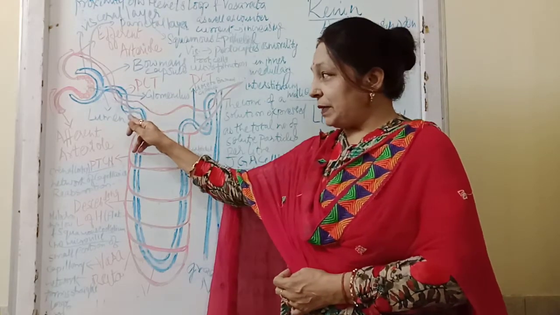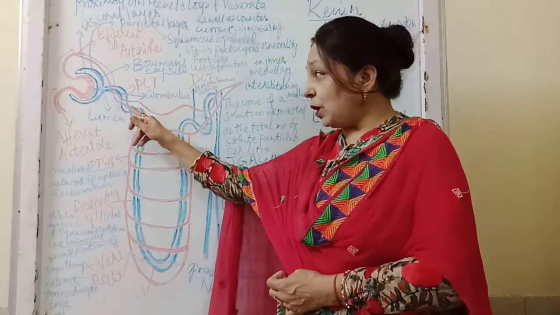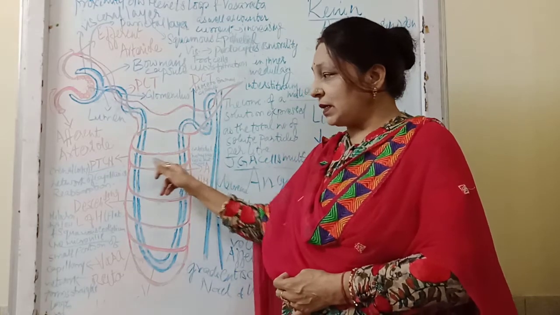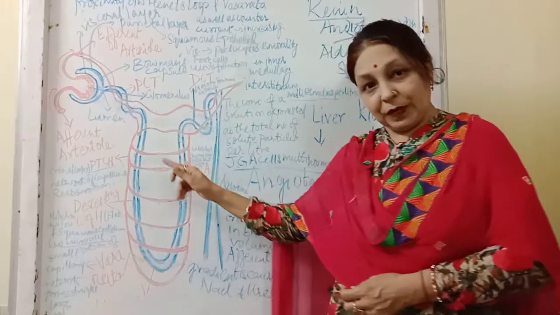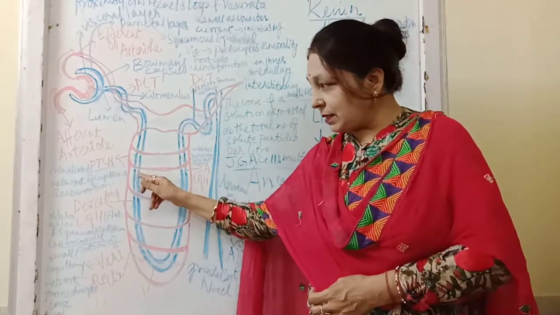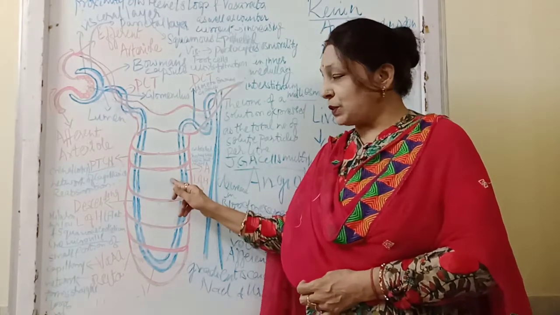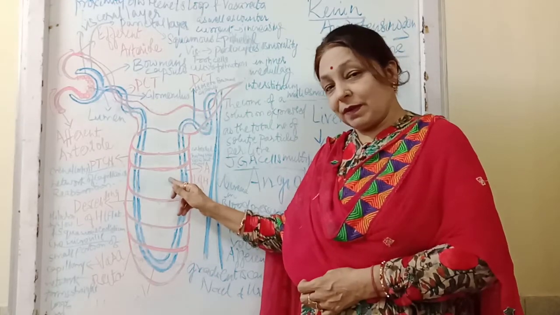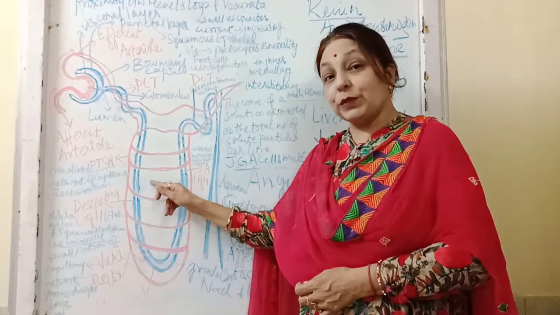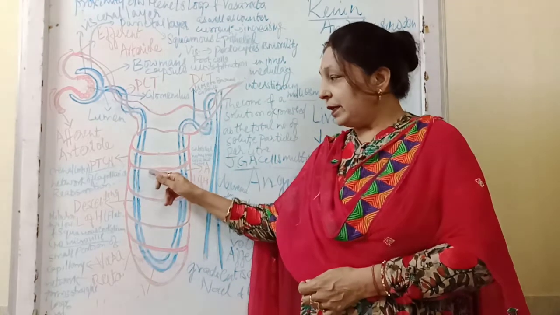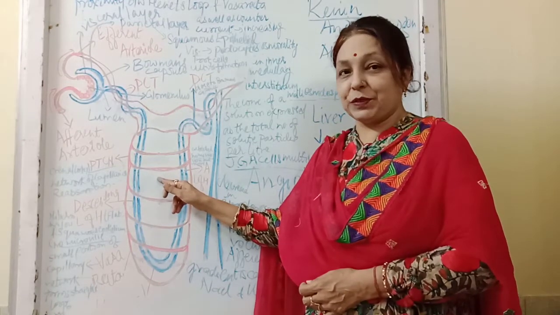Therefore, the PCT and DCT are present in the cortex, and the flow of filtrate in both the limbs, that is in the descending limb and the ascending limb of the loop of Henle's, is opposite to each other, as well as in the capillaries surrounding the tubular part of the nephron, where the flow of blood is also in the opposite direction.